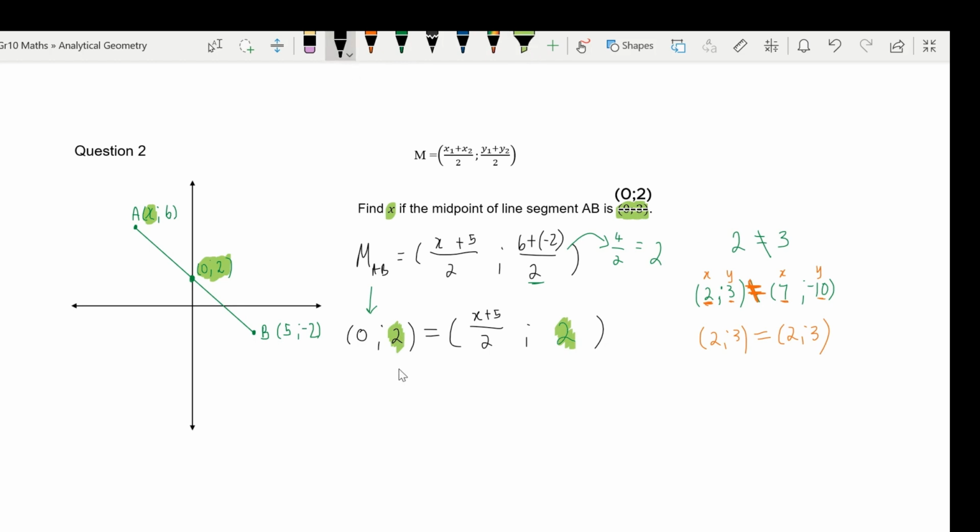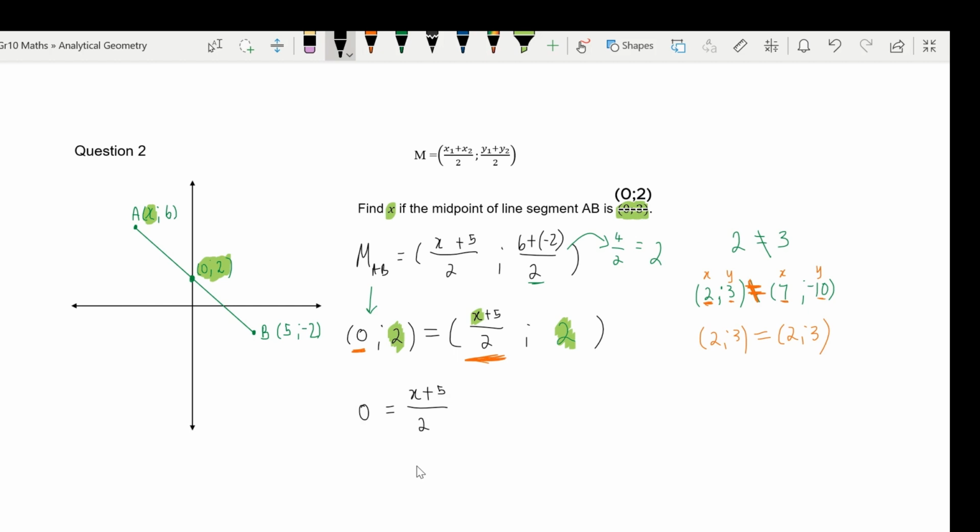So what do we need to work with? We are after finding that x. So this x coordinate of the midpoint must be equal to that. So then I've got that 0 is equal to x plus 5 over 2. All right, so far so good.